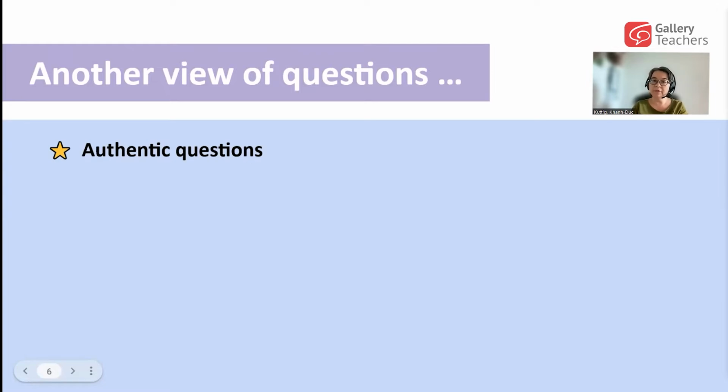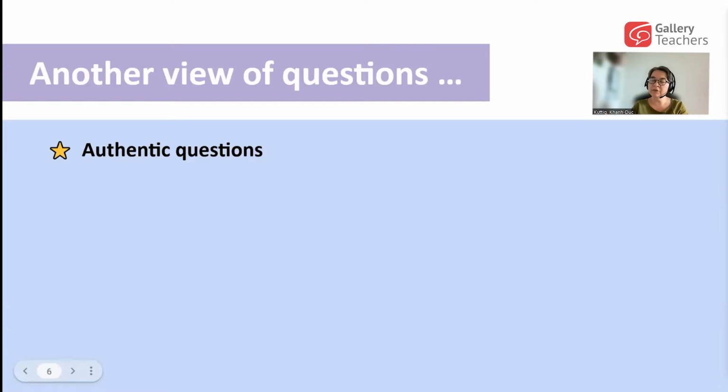In authentic questions, we as a teacher are interested in the message contained in the answer that the students give us. And it's not just us who would be interested in the answer, but perhaps the other members of the classroom. And what is being said, what your students answer, is new to you. You don't know how long they took on their homework. You don't know where the absent student is.